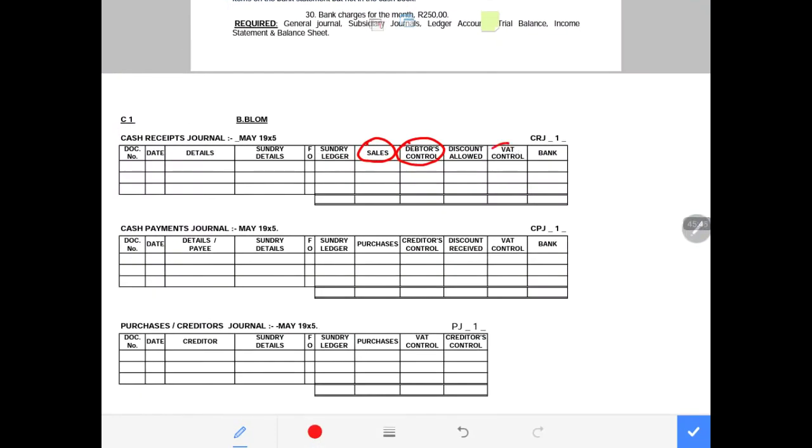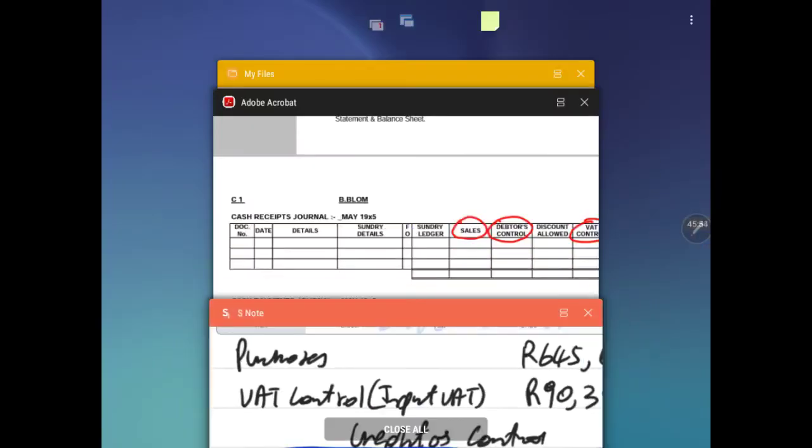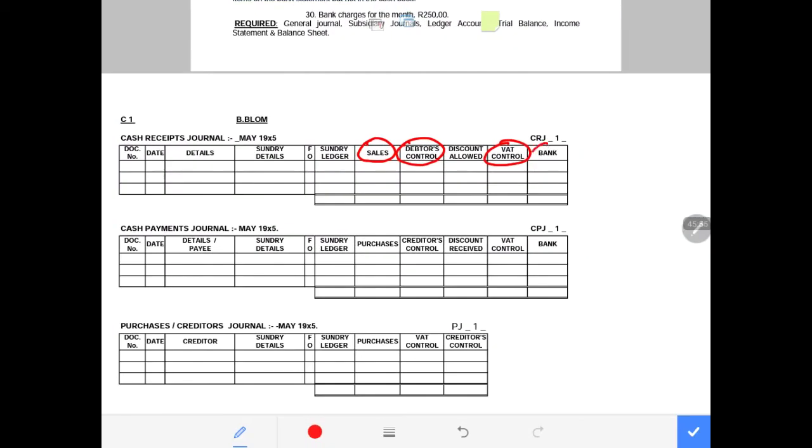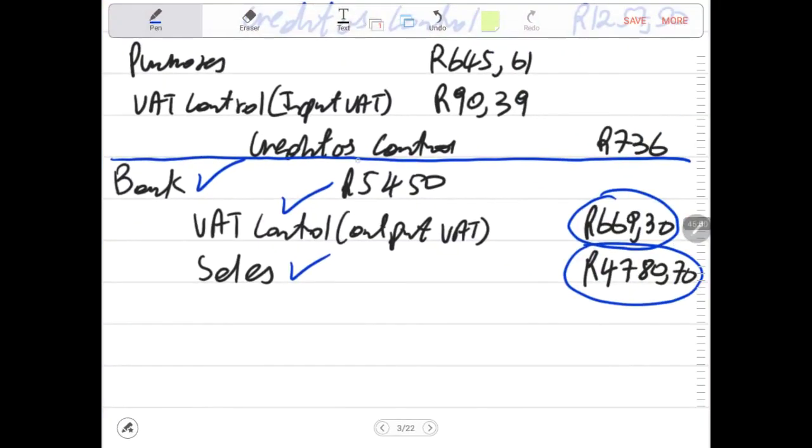Then we look for the VAT control. Yes, we do have the VAT amount also here. There is 669.30. Then we come to our bank, we record the amount of the bank under the bank column, which is 5,450, and we're done and dusted.